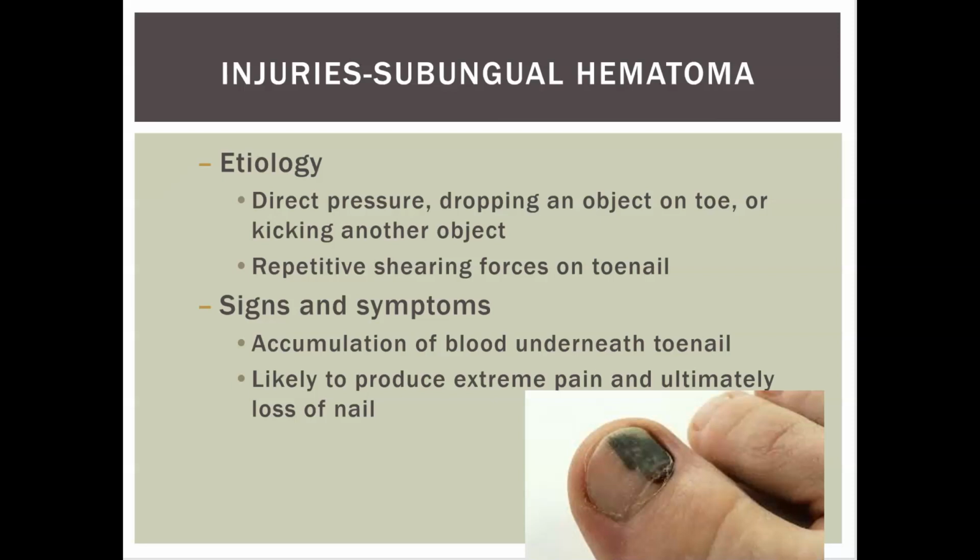We see these pretty often in toes, I would say more often in construction workers in their hands, and we're going to treat them both the same. It's basically like getting a blood blister underneath the toe. There's repetitive shearing forces on the toenail, and that blood blister underneath the toenail is going to cause them pain and potentially loss of the nail.